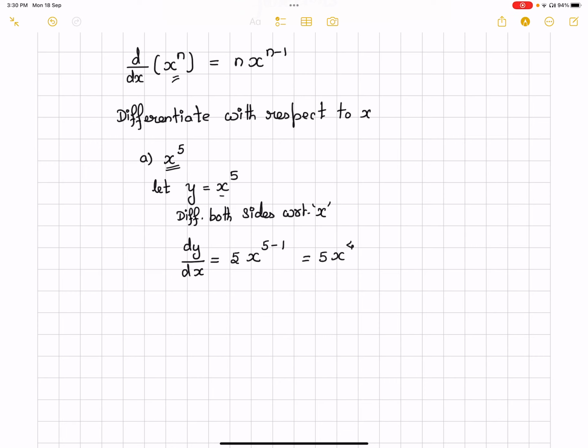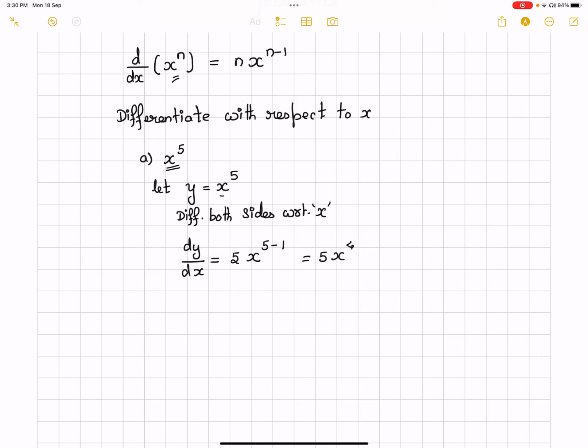Now, the second question. We have x raised to the power 9. Instead of considering it as y is equal to, you can also consider it as f of x is equal to x raised to the power 9. Now when I'm differentiating both sides with respect to x, f of x will become f dash of x, which is nothing but dy by dx.